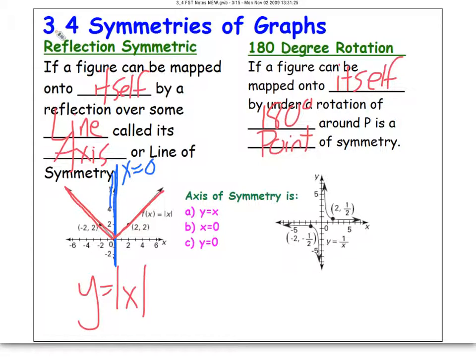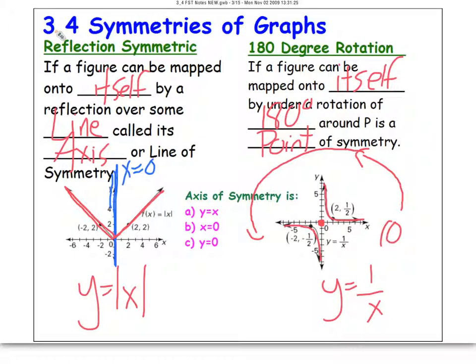If we were to take this equation here, which is y equals 1 over x, and if we hold that steady right here and we rotate the graph around that point like a pinwheel that you would see at a carnival, what's going to happen is this original graph, as you rotate that part after 180 degrees, it will actually land right here, and it will look like its original self. So for this graph, we would say it has rotational symmetry around the point (0, 0).